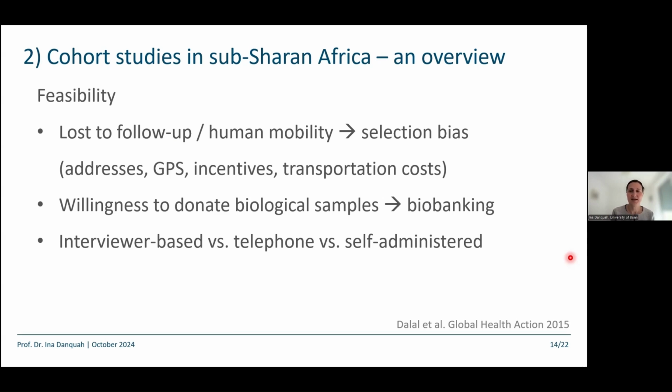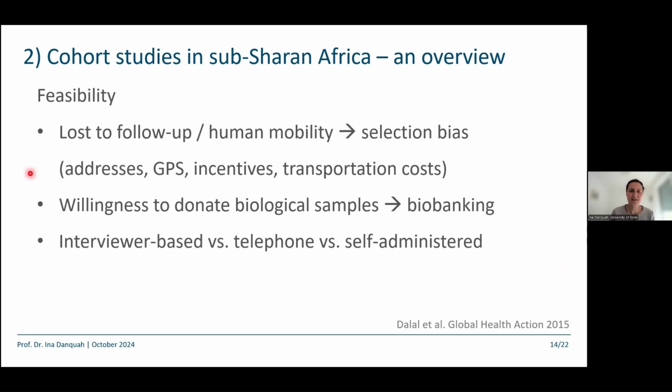The additional challenge in sub-Saharan Africa is not only human mobility. So we know that within countries, individual populations are highly mobile, whether it's due to seasonal migration, work-related, climate change-related migration, or forced migration due to conflicts and wars.